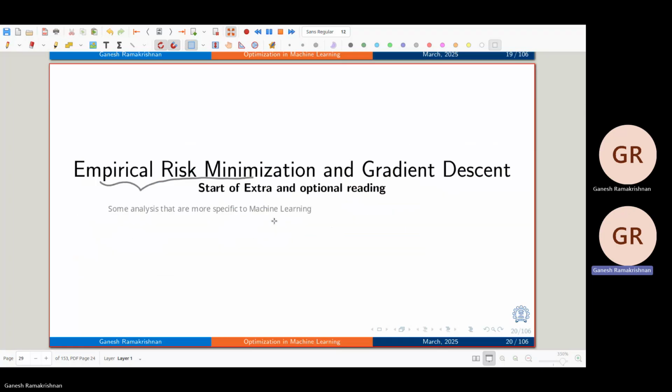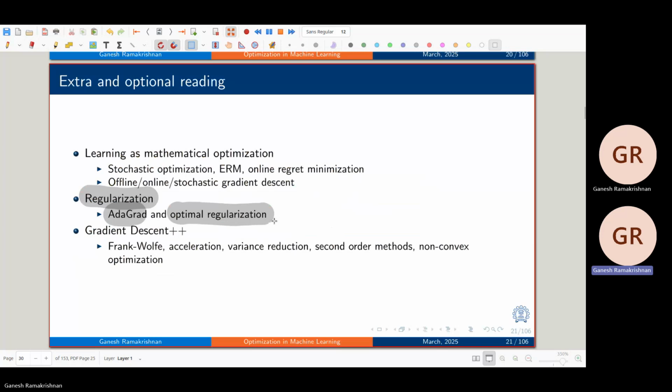I'm going to very quickly run through what this empirical risk minimization framework is. What is the notion of regret? This is really extra and optional. I'm not going to cover this as part of the exam. The whole idea here is, while we already studied learning as mathematical optimization, there's also this notion, from a machine learning perspective, which goes beyond just optimization: how well can your approach generalize?